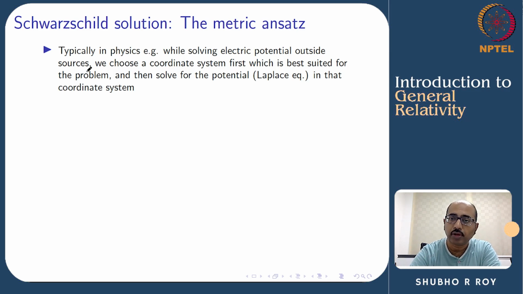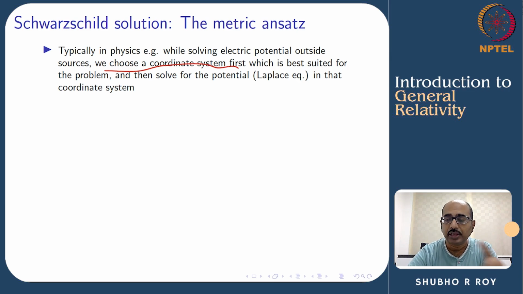For example, you can use Gauss law or some other method. So first, you choose a coordinate system which is best suited for the problem, and then solve for the potential in that coordinate system. In this case, the Laplace equation, because we're solving for outside sources. So Laplace equation is the correct equation, which is Laplacian of phi vanishing. So first we write the Laplacian in spherical polar coordinates and then try to solve it.